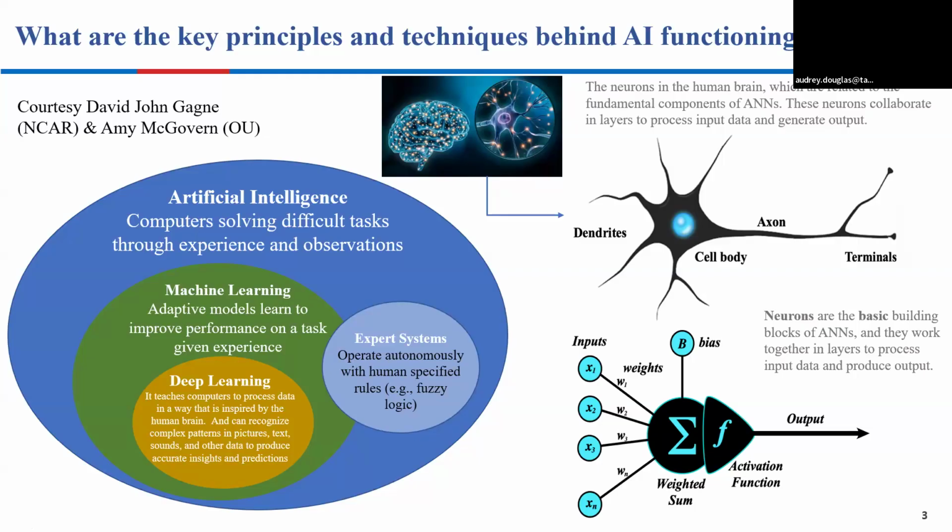For example, as you know, a human brain contains millions of interconnected neurons, right? To process the data and information. And similarly, deep learning neural networks or artificial neural networks are made of many layers of artificial neurons that work together inside the computer, okay?